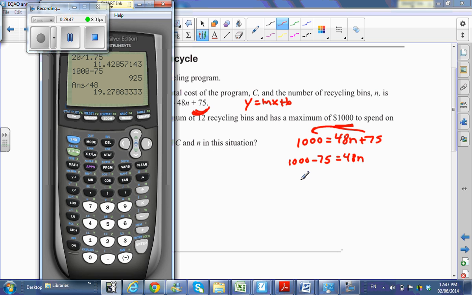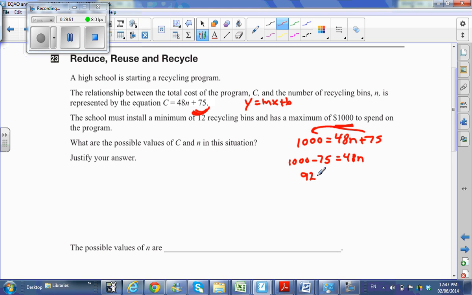Oh, geez, I wasn't expecting that, but that was that number we had here earlier. So last thing we've got to do is divide by 48. N equals 19 point, what was it, 19.2 or 19.3? Okay, so we know the possible values of n, we have to have at least 12.